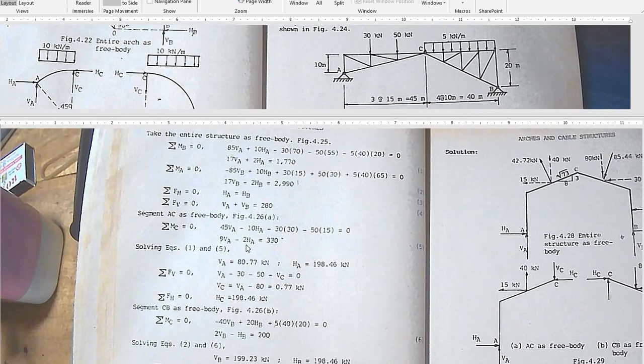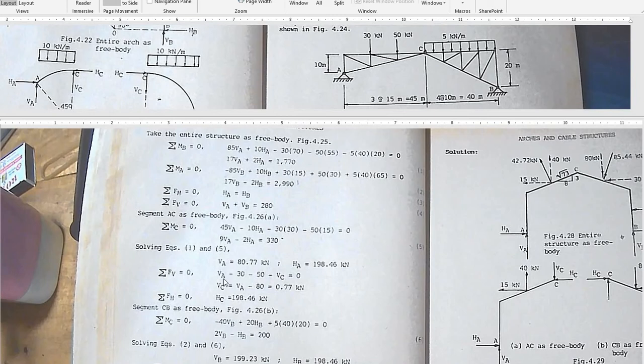So, 9VA minus 2HA is equal to 330. So, this is now equation 5. But, in equation 1, ito, 17VA plus 2HA, you can now combine equation 5 and equation 1. You can solve for VA and H sub A.